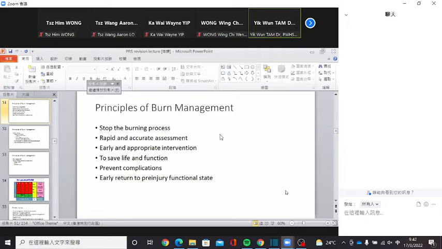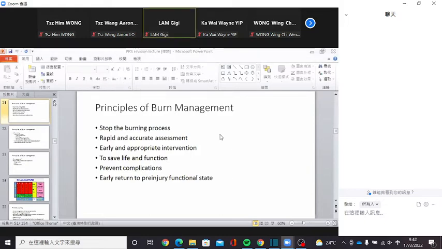Can somebody reply? Have you ever seen this PowerPoint before? I think we had a burn tutorial, but I don't think we used this exact PowerPoint. That means every one of you had the tutorial on burn management. Did you? Okay, somebody said they haven't. So we'll start with the burn management.